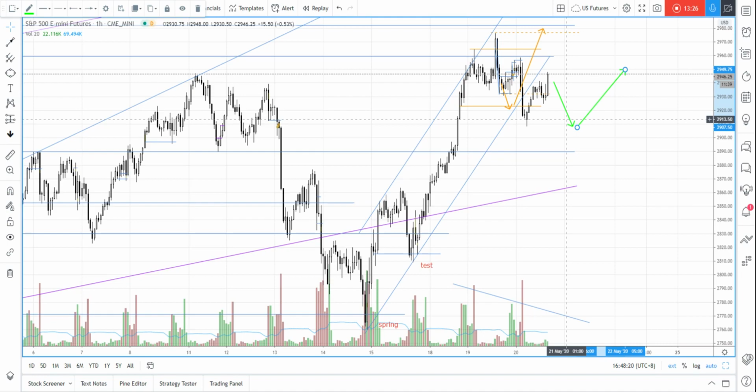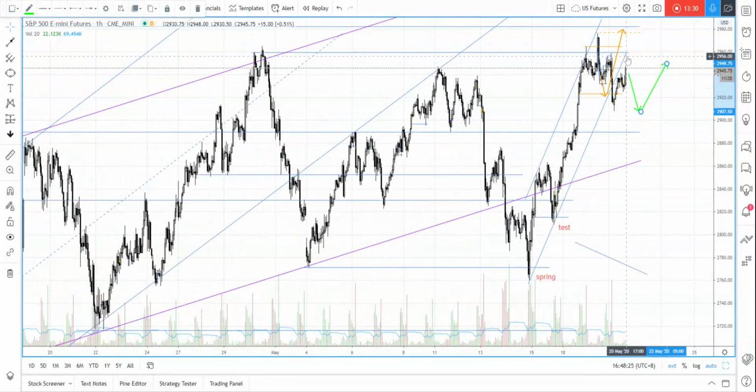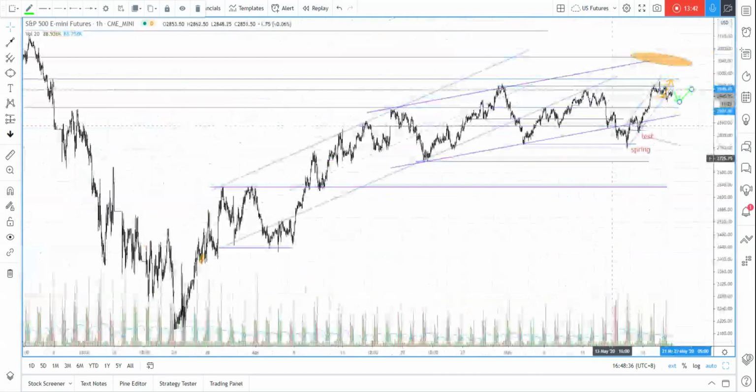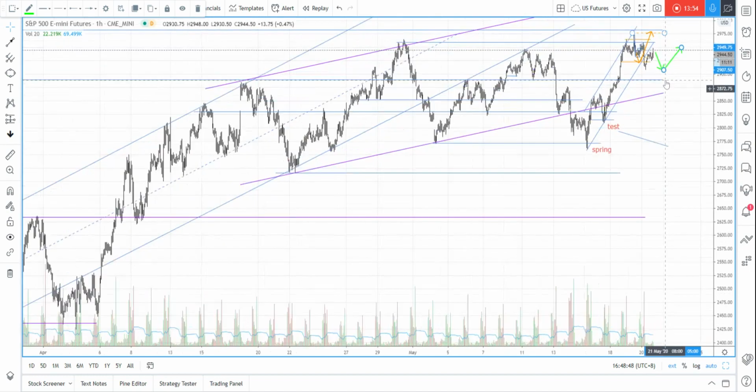For resistance, the immediate resistance that I pay attention to is the swing high near the 2960 level, or the swing high here at 2975. If it can break out, then definitely 2980 is the first level, and 3050, which coincides with the overbought channel as well.